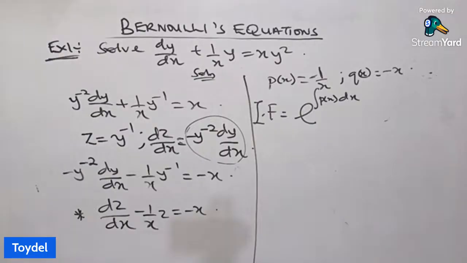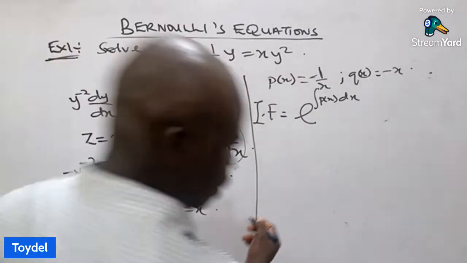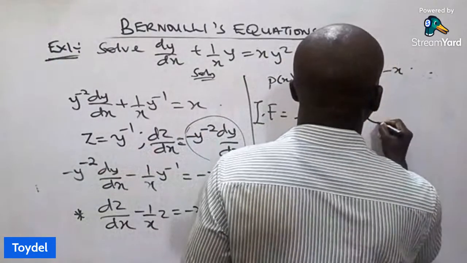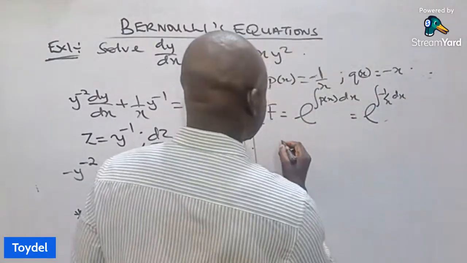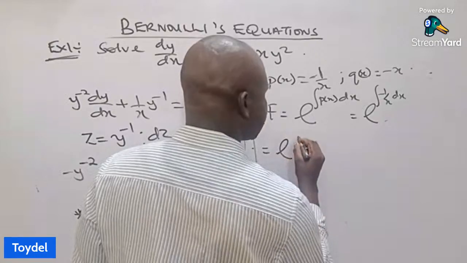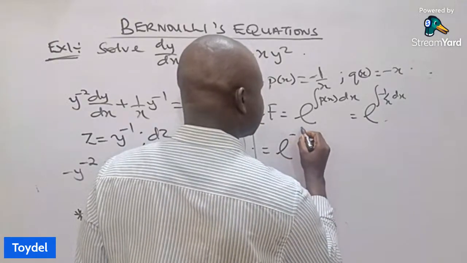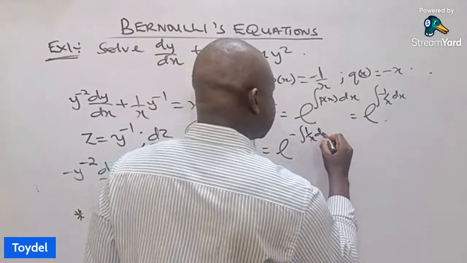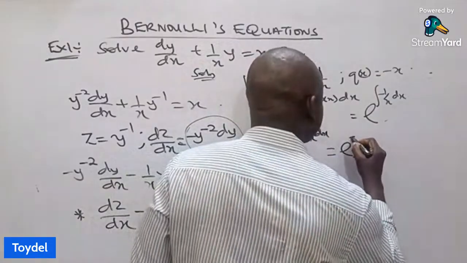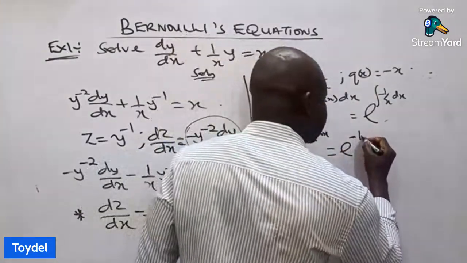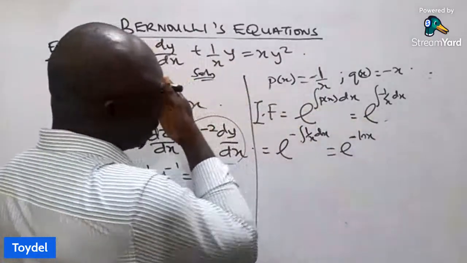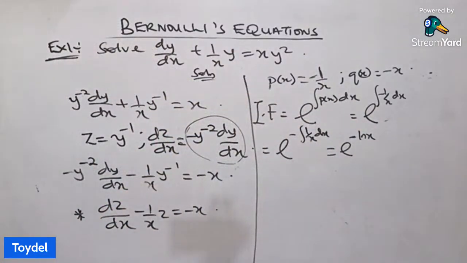If that is the integrating factor, what do we do here? We say this is the same thing as the exponential of the integral of minus 1 over x dx. We can bring out the minus: exponential of minus the integral of 1 over x dx. The integral of 1 over x is ln x, so that will be exponential of minus ln x.